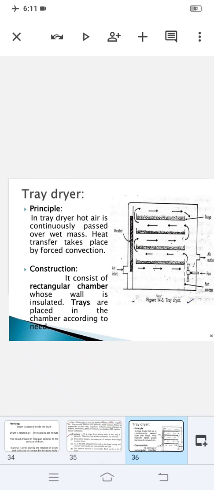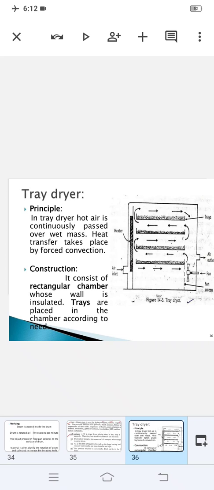Next one is your tray dryer. In this tray dryer, as the name itself suggests, there are certain trays inside a compact system, in which the hot air is continuously passing over the wet mass that is kept in the tray, and the heat transfer takes place by forced convection. How is the construction of tray dryer?